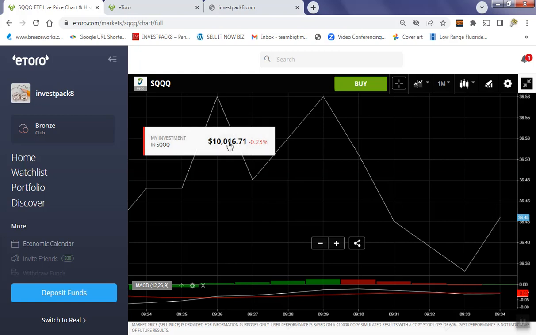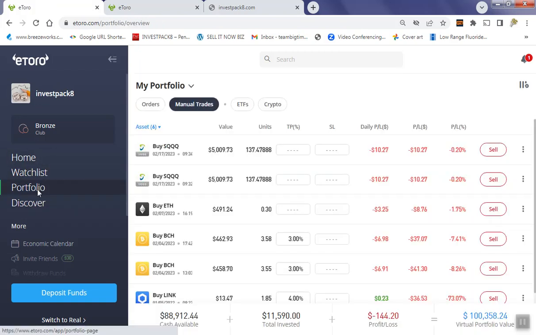Okay, it looks like it's putting the two of them together. So we'll look at, and you see it's already in green. So we'll look at the portfolio. Oh no, it didn't. Okay, it showed me we do have a total of 10,000.